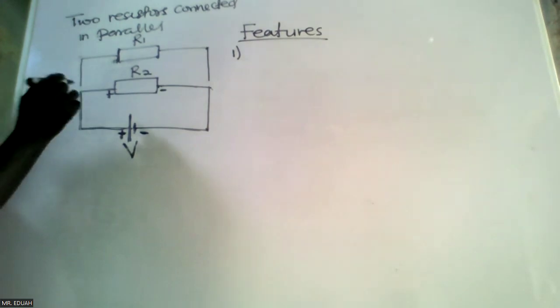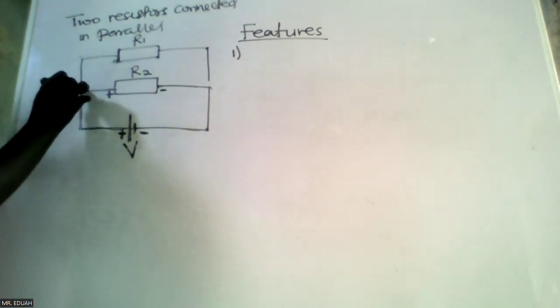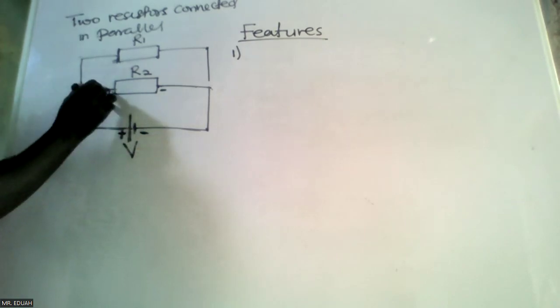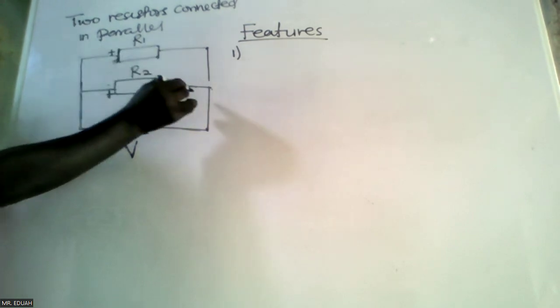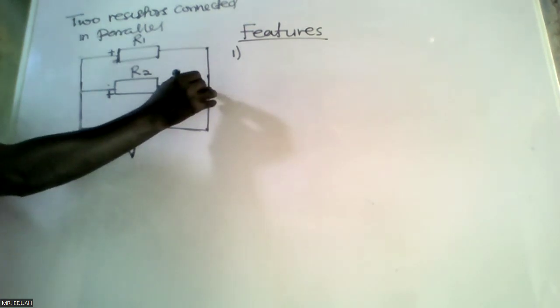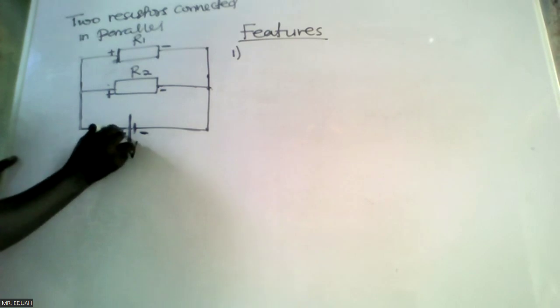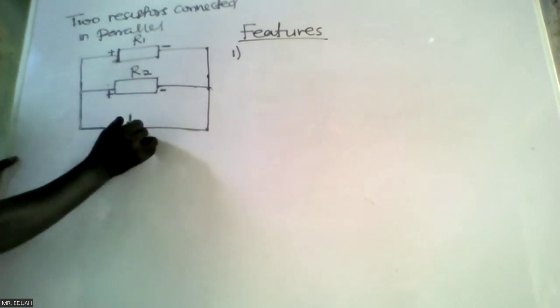Then a wire is picked, connected to this. Already this side has been given to this, so this side would also be positive. A wire is connected to this side, so it is also negative. Whatever this has would be given to this side, on and on.